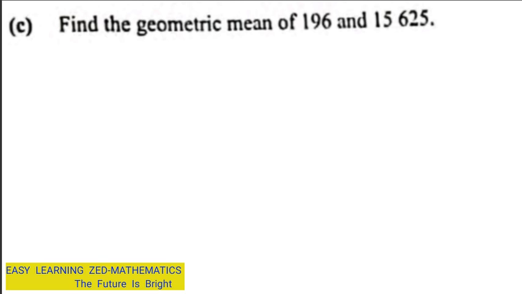So what you need to understand is the GM of two numbers, this is the product and then the square root of the product of the two numbers, right? GM of two numbers is the square root of the product of the two numbers.